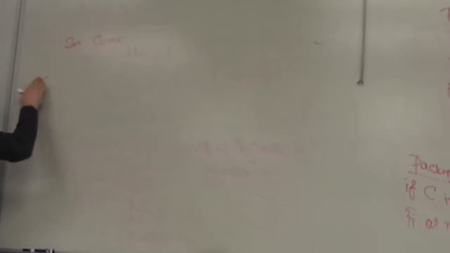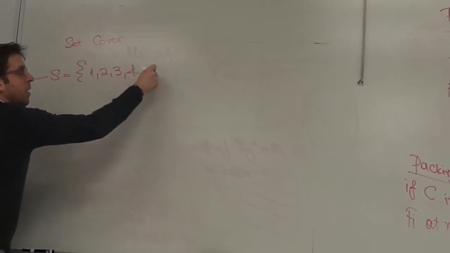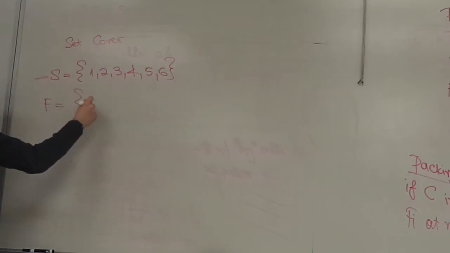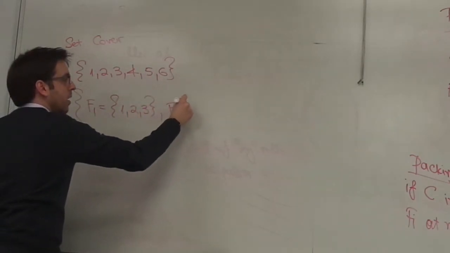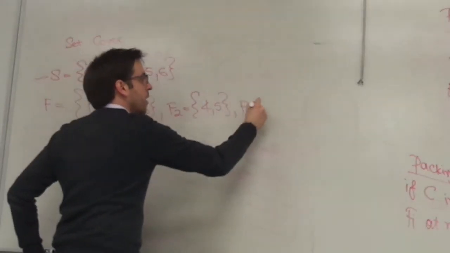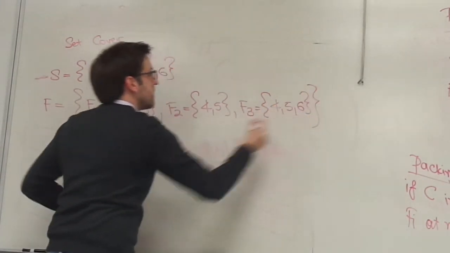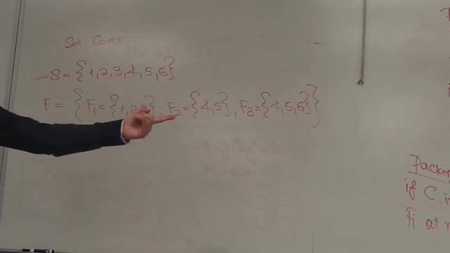So we have a set of elements, S. Let's say that they have 6 elements, and let's say that they have the following 3 families. So basically a set cover is a set C such that it intersects F at least once.